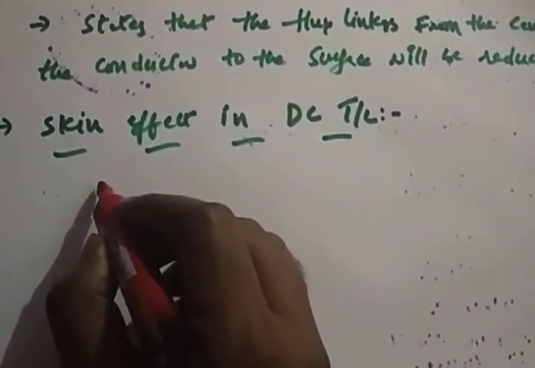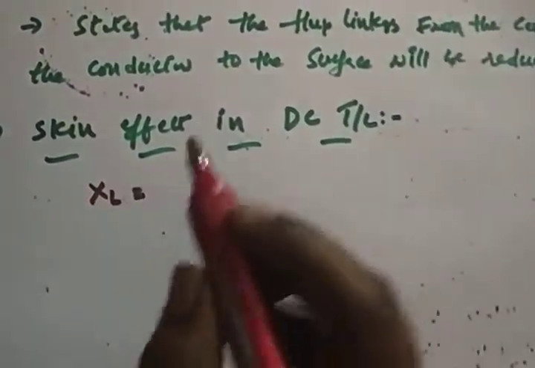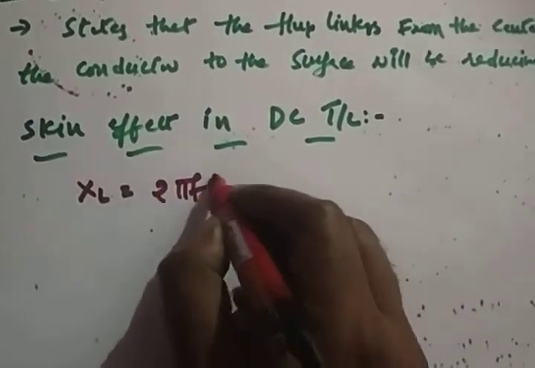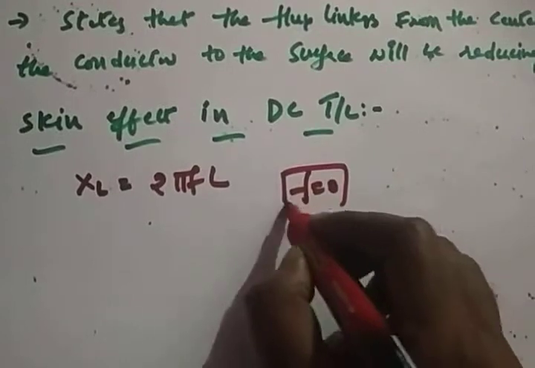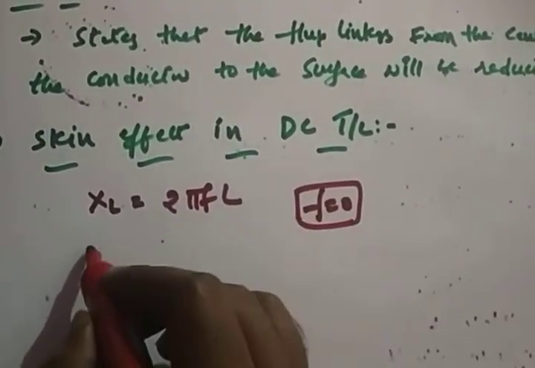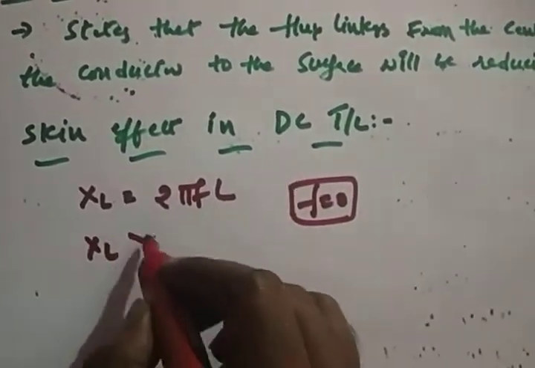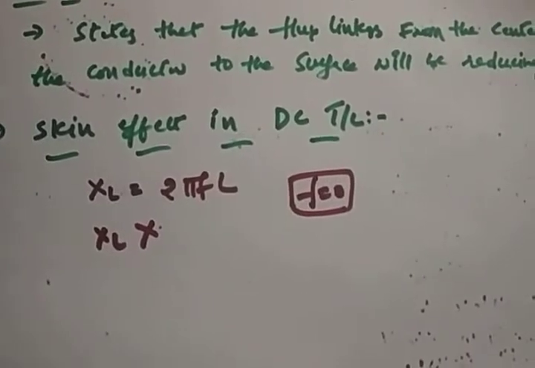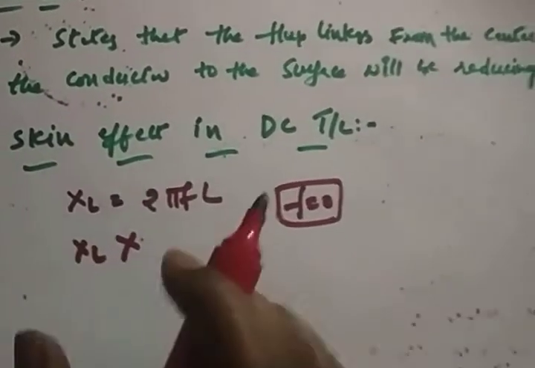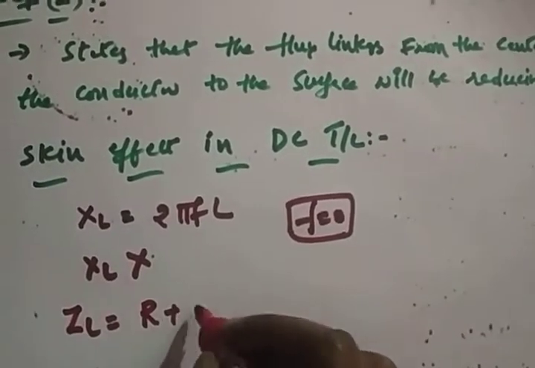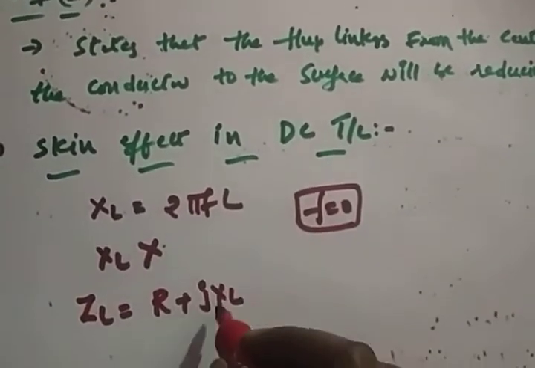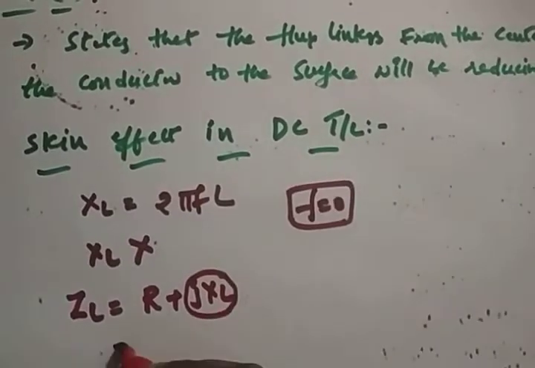You know that XL equals 2 pi FL. In a DC supply the frequency is equal to 0. If the frequency is 0, is there any inductive reactance? There is no inductive reactance. So what about the impedance? That is equal to R plus jXL, and jXL is 0. So what is the impedance value?